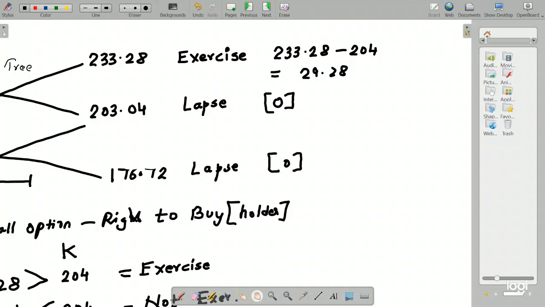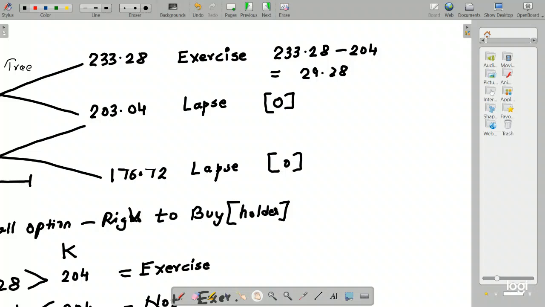The fifth part is, everything looks very great. Everything seems super easy because I know that after 6 months, if I'm going to exercise, what is my payoff and whether I'll be exercising my contract or not. Everything is very easy to understand. But what are the chances? What is the probability?